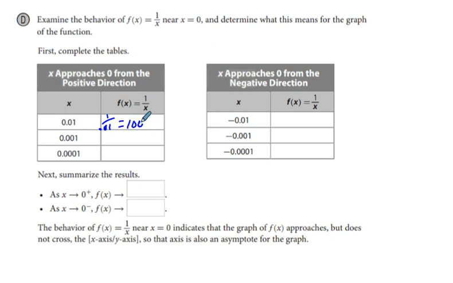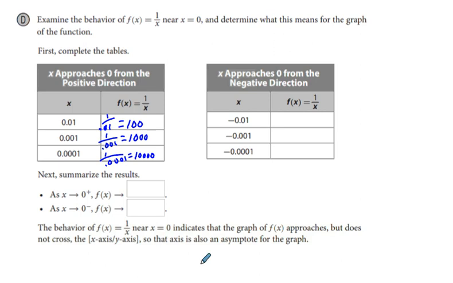Then 1 over 0.001 is equal to 1,000, and 1 over 0.0001 is equal to 10,000.